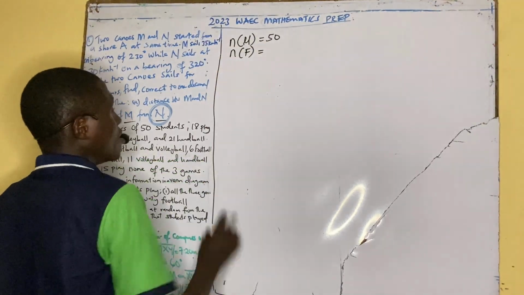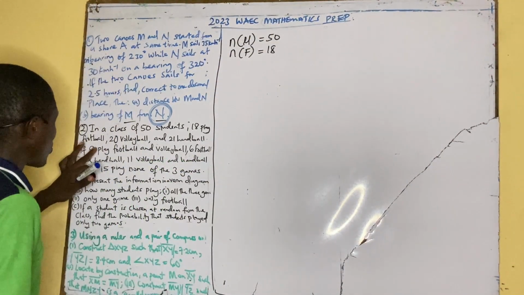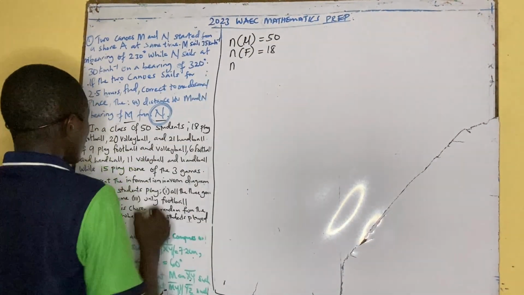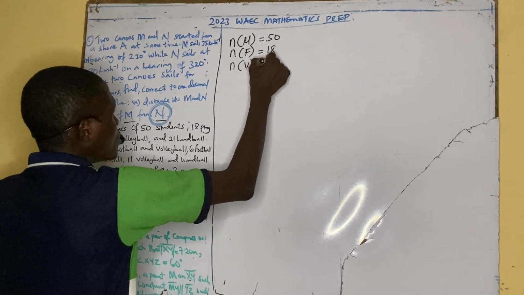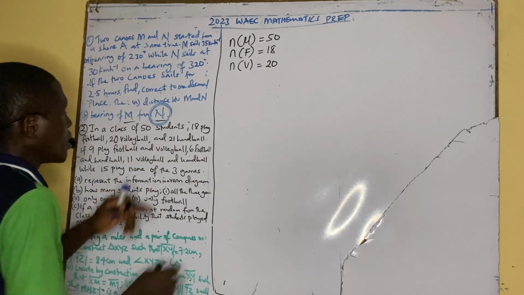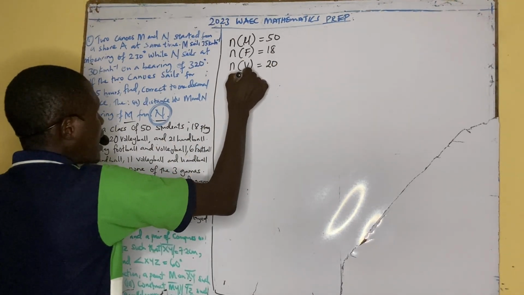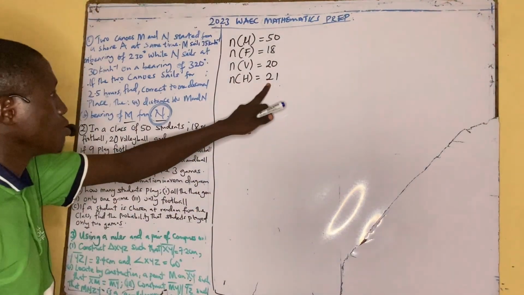You can use the first letter, which is F. Then we are told that 20 play volleyball. Then we are told that 21 handball. That is 21.